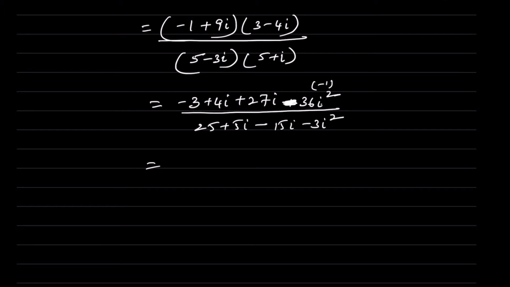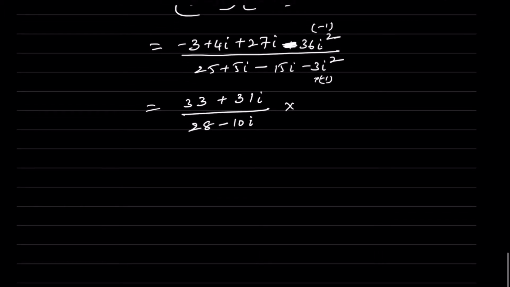So minus 36 into minus 1 gives plus 36. Plus 36 minus 3 is 33 plus 31i, divided by, minus 3 into minus 1 gives plus 3, so 28 minus 10i.